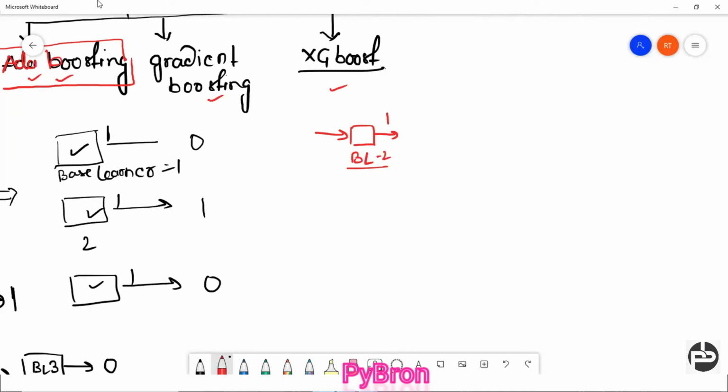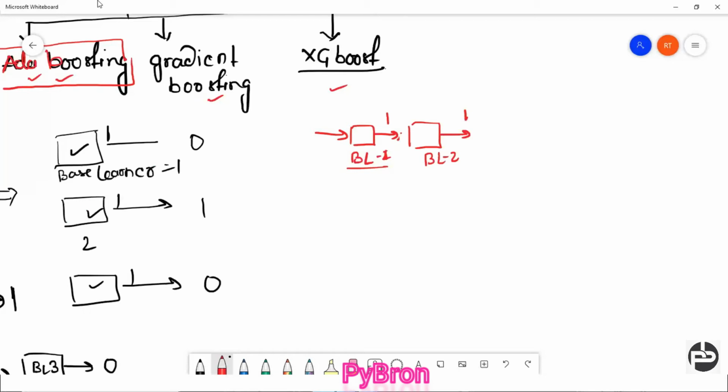So what we will do, we are going to pass this output to another base learner, which is base learner 2. So now base learner 2 will again start learning where base learner 1 stopped. It will start learning from there, and it will predict still 1, but it is near to 0. The probability of prediction is near to 0, but still it is predicting 1.